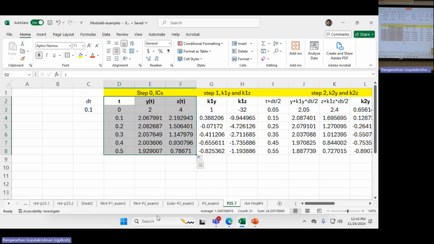Okay. In the last minute, what if you get a second order differential equation? What did I tell you about reducing that to a first order equation? Substitute. Suppose you get d squared y over dt squared equal to a function. Substitute dy by dt equal to z. That's your first equation. Your second equation automatically becomes dz over dt equals the right hand side.